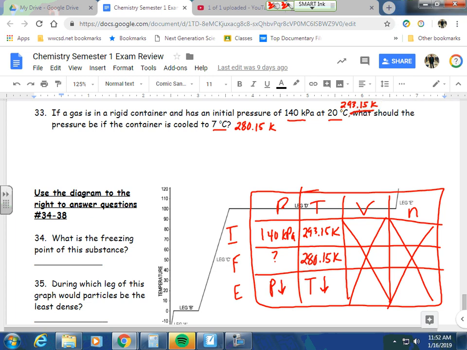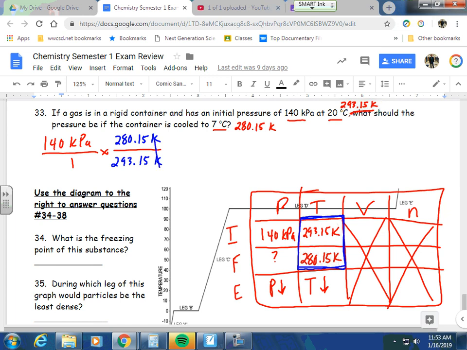All right, so take the one that's by itself, the 140 kPa, put it over 1, multiply by a conversion factor that's going to make it go down. Okay, so again, if we look at this over here, I want to have the smaller number on top so that it goes down. So I'm going to use 280.15 on top. And I'm going to put 293.15 on the bottom, like so. Kelvins cancel.